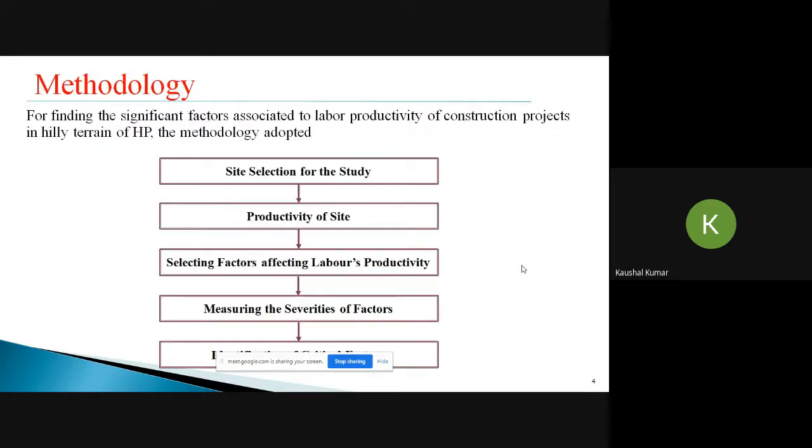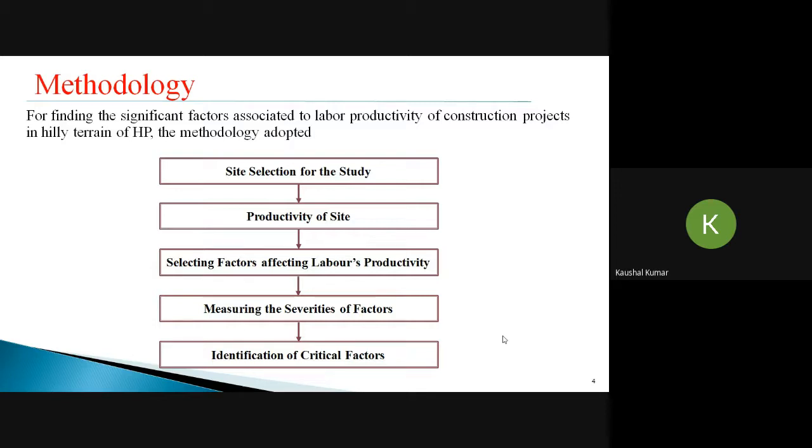This is the methodology that I will be following. First of all, we have taken the sites. Five sites have been taken from different parts of Himachal Pradesh, and next we check the productivity of each site. Next is the selection of the factors affecting labor productivity, based on the literature review and expert panels.